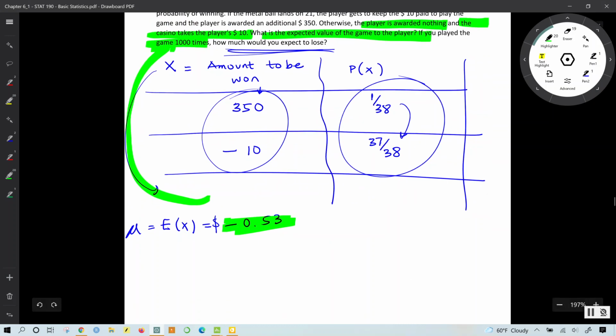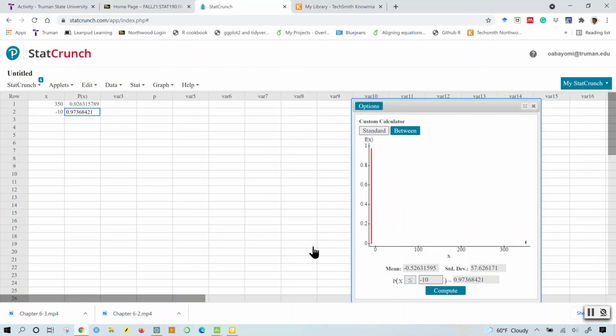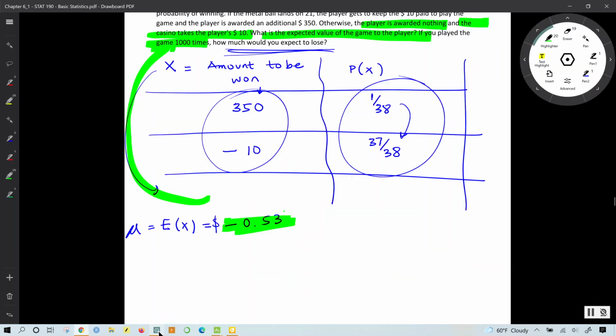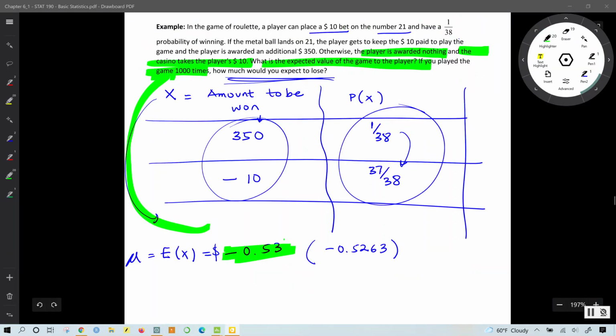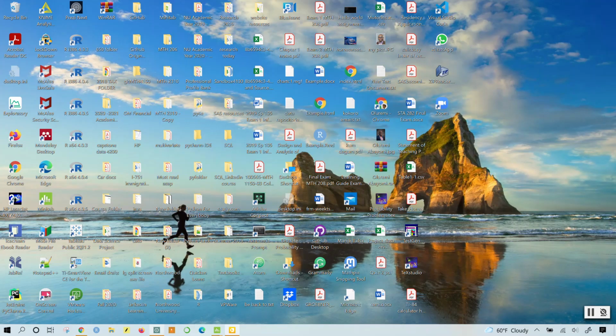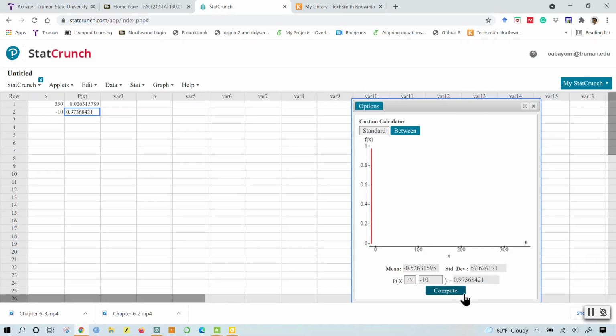So let me get a full version of this value. Let's go back to StatCrunch. We have -0.5263. The rounded off value, for the sake of getting cents, was actually this value, which we got back here in StatCrunch.